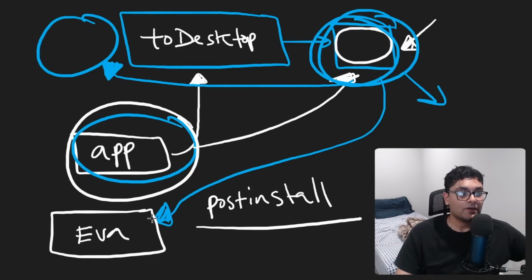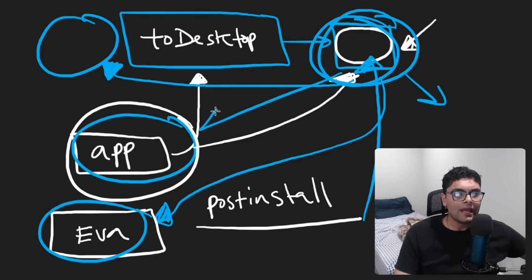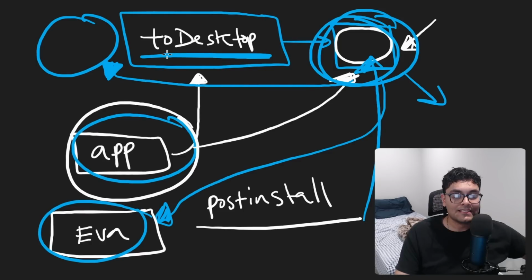Because then Eva, after opening the connection, looked around in there. They were able to get all the credentials, which is not something that should happen. And then they were able to push arbitrary updates not only to their own application, so users who have installed their own application, but to anybody who is using a ToDesktop application, an application built and distributed by ToDesktop.